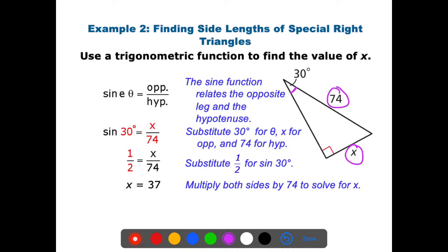And then looking back at the last one, sine of 30 is half, so you plug that in for sine of 30 degrees and then set that equal to x over 74, and then you get x equals 37.